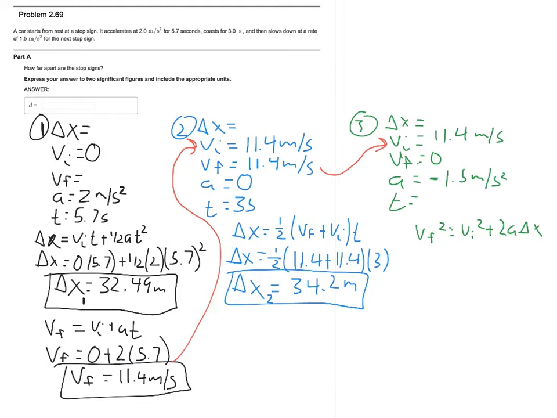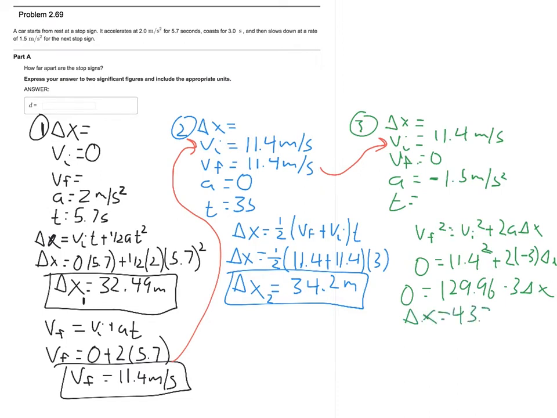So I'm going to use my VF squared equation. And so I have 0 equals 11.4 squared plus 2 times -3 times delta x. So we have 0 equals 129.96 minus 3 delta x. And that means that my displacement for that final portion is 43.32 meters.